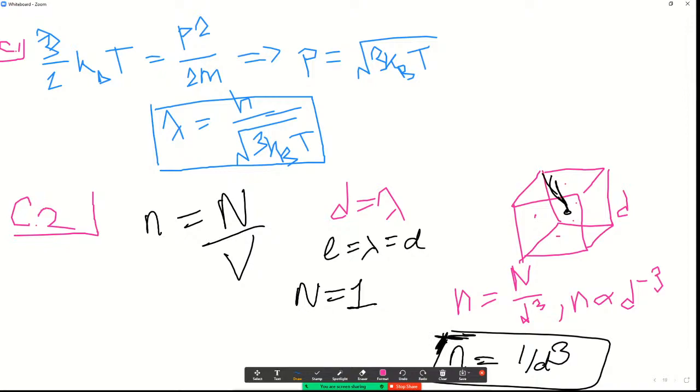Then we can equate this, or just substitute lambda from what you got before. Yes, we can substitute here. So I think we can conclude C2. Okay, we can go to C3 then.